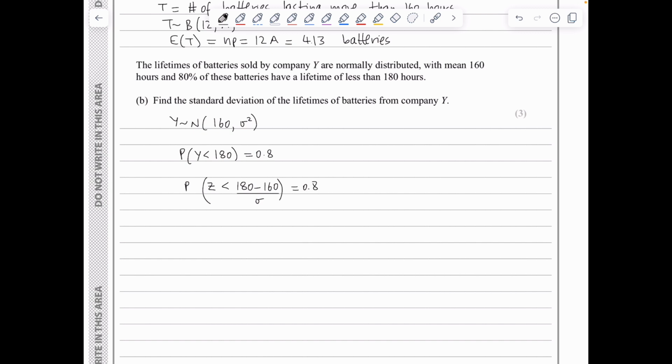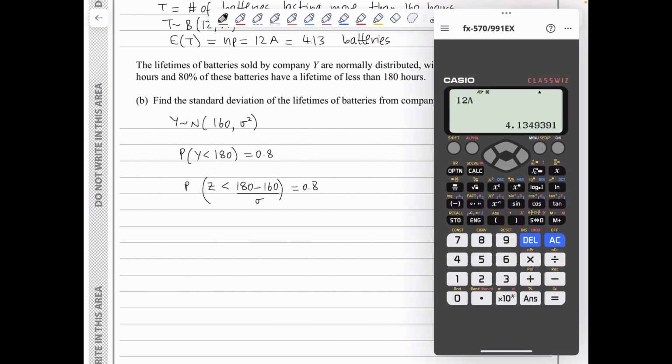I'm going to go to my calculator once more. Menu 7, I'm going to go for inverse normal. My area is 0.8, my sigma is 1 and my mu is 0 because I'm in the standard normal distribution. I get an answer of 0.8416, which means that 180 minus 160, so 20 over sigma, is equal to 0.8416... I can store this on B on my calculator.